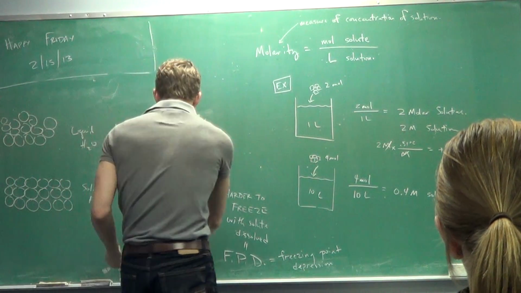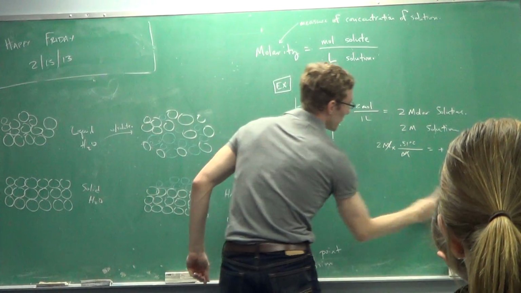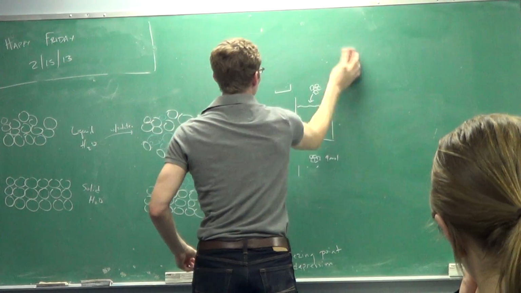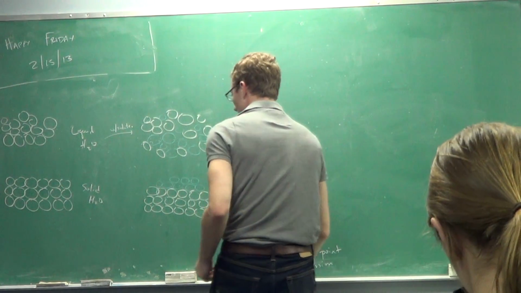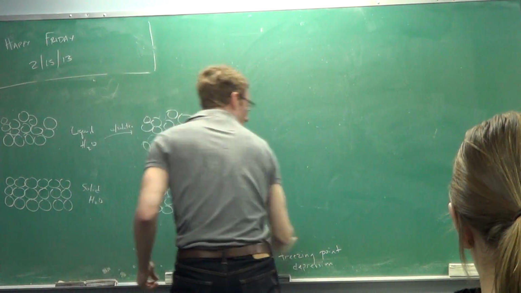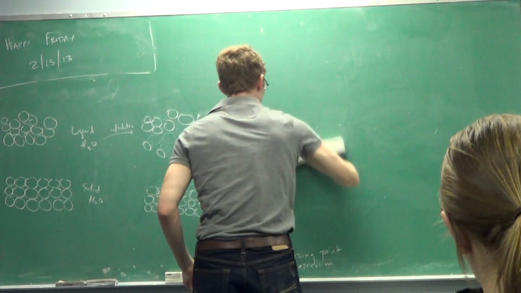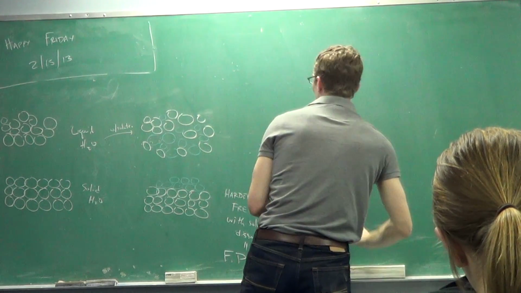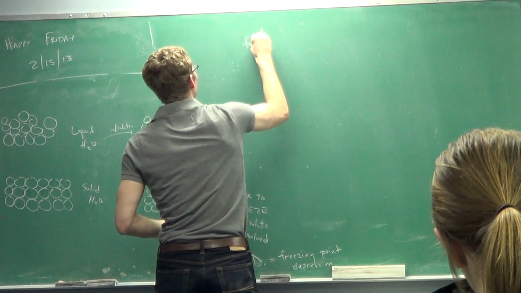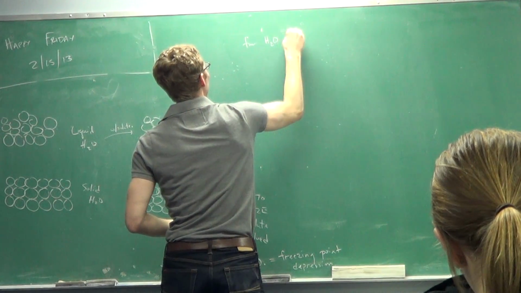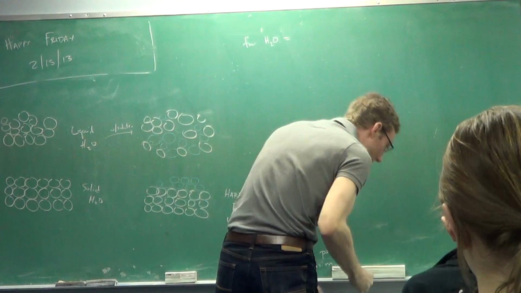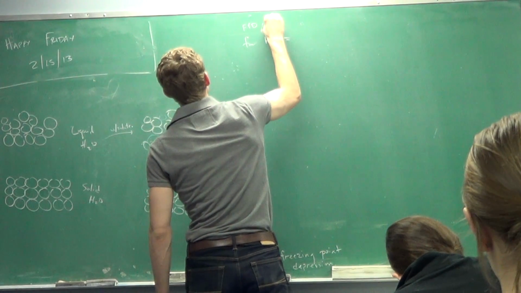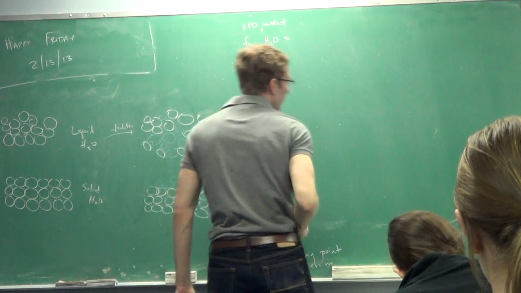Now, you can go to tables, scientists have determined these values experimentally to determine how the freezing point of water changes. And there's a constant for that as well. Now, the freezing point depression constant for water is this.